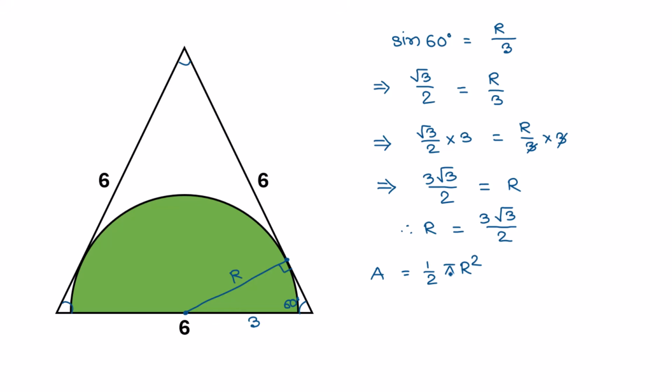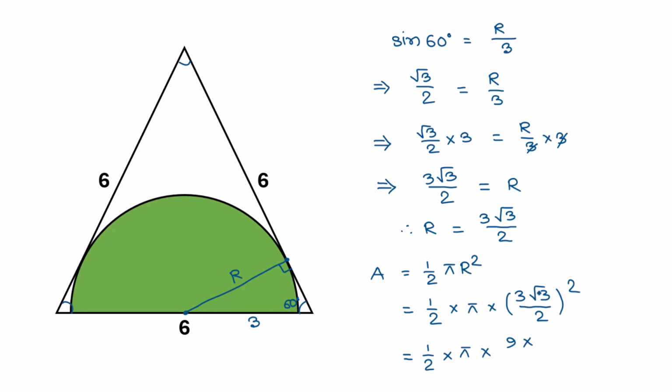So this is the area of this circle, and this half indicates the half circle, is equal to 1 over 2 times pi times the radius, which is 3 square root of 3 over 2, and this squared, is equal to 1 over 2 times pi times 3 squared is 9 times square root of 3 whole squared.